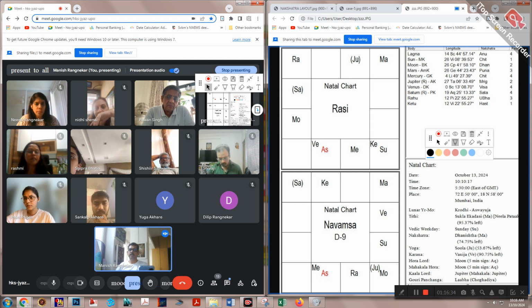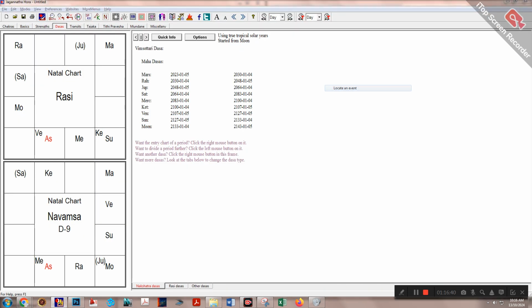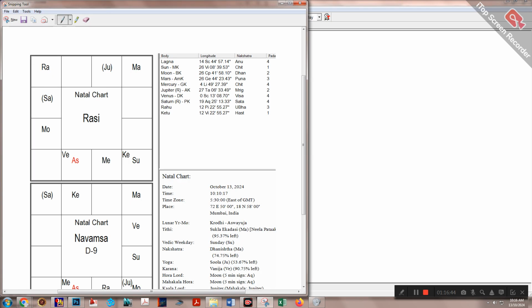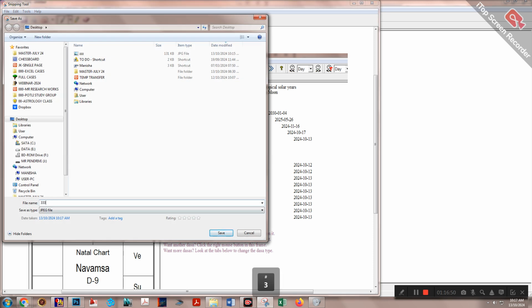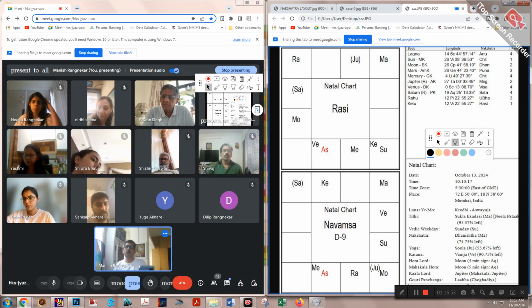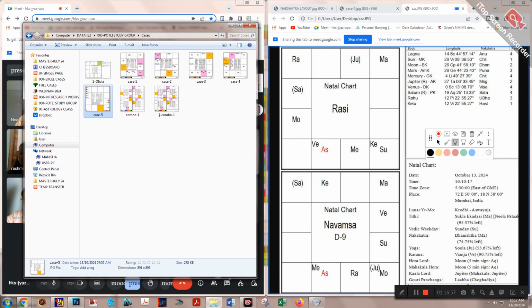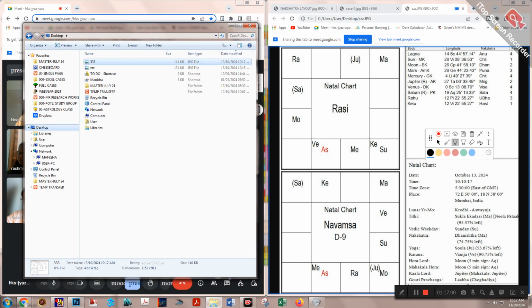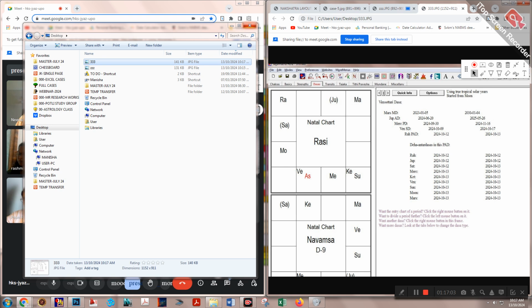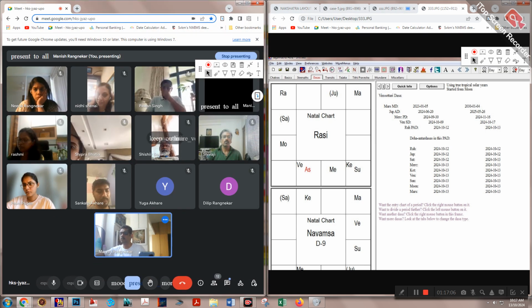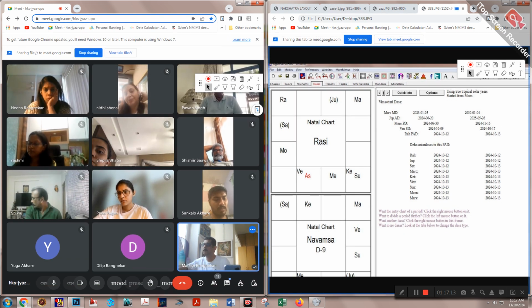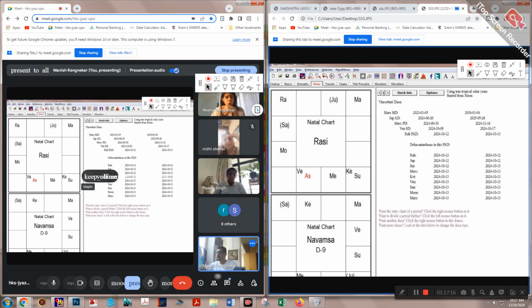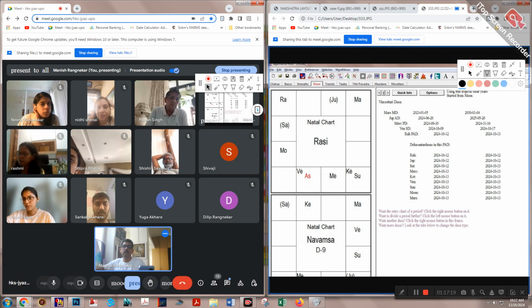As of now, you need to know this chart, and then there is a dasha chart, which is this one. So if you see, you will see the dasha over here.